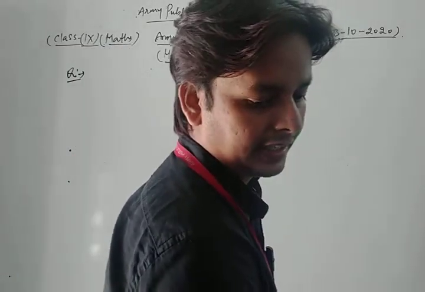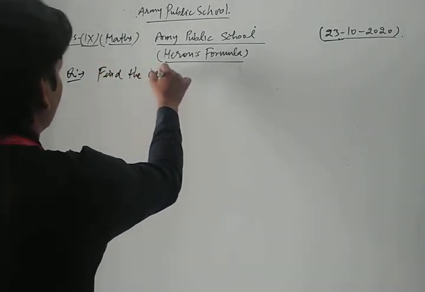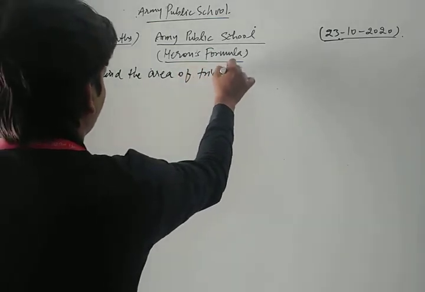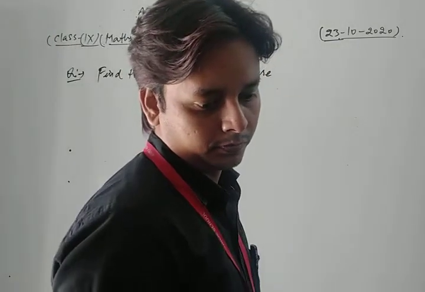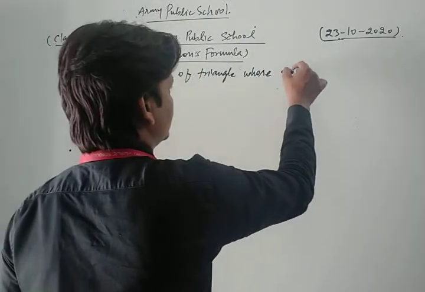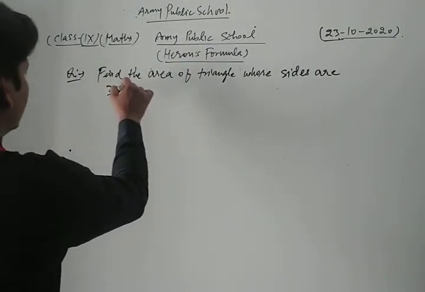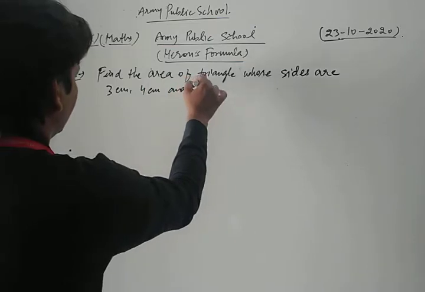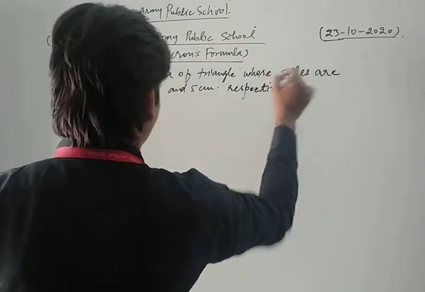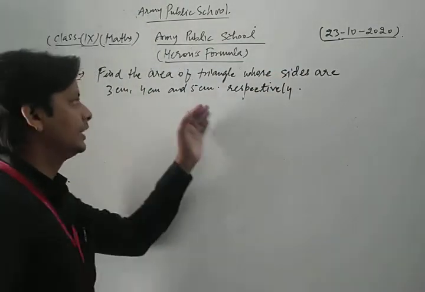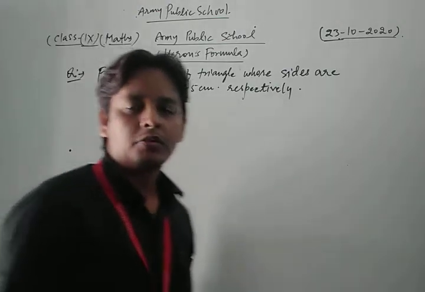A very important question: find the area of a triangle whose sides are 3 centimeters, 4 centimeters, and 5 centimeters respectively. This is one of the most important questions based on Heron's formula.